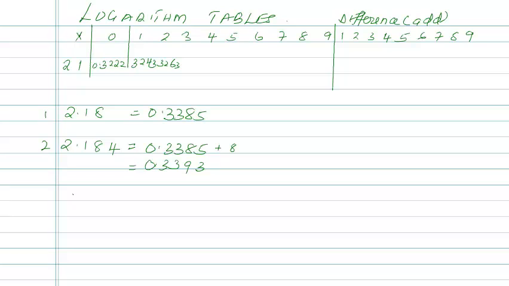So the new value now for the log of 2.184 will be 0.3393. So it's good to recall that we are adding that value that you read on the right hand side.